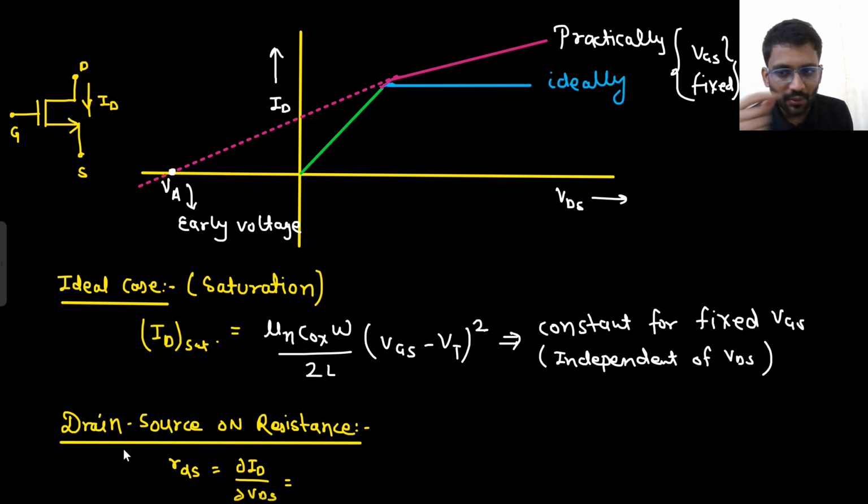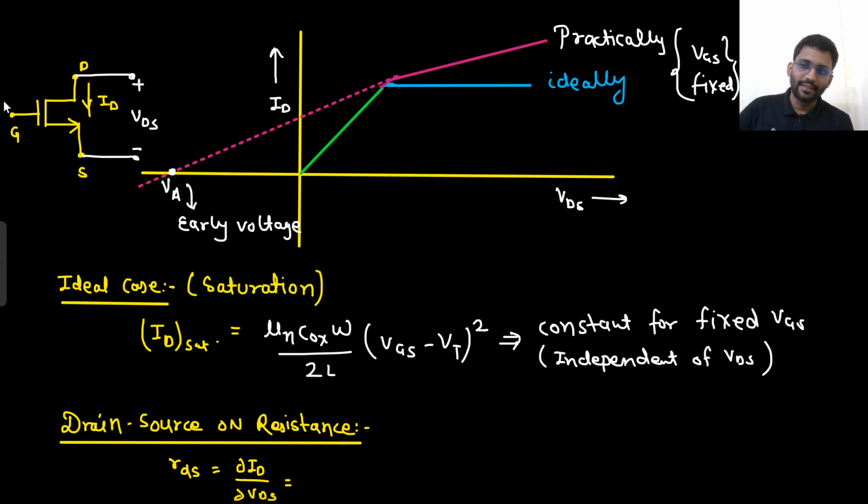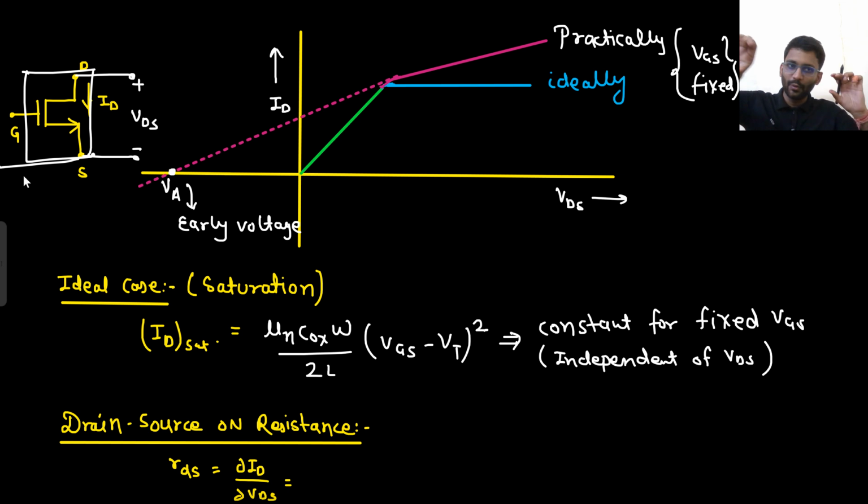Now there is a term called drain source on resistance. Let's assume this is a black box, so you have two nodes. At this port you can apply VGS, at this port you can apply VDS, and you get your output current ID.